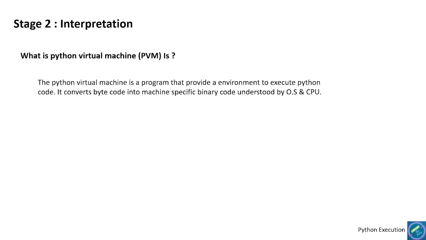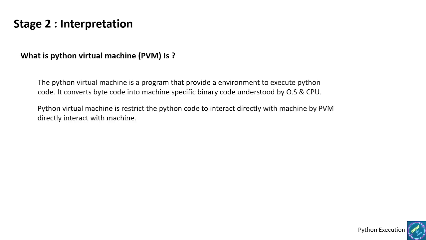The Python virtual machine is operating system dependent software which comes with the Python interpreter installed on any operating system. It is a main component of the Python interpreter which makes Python an independent language, because the Python compiler generates bytecode, and Python does not interact directly with the operating system; it interacts with the Python virtual machine.